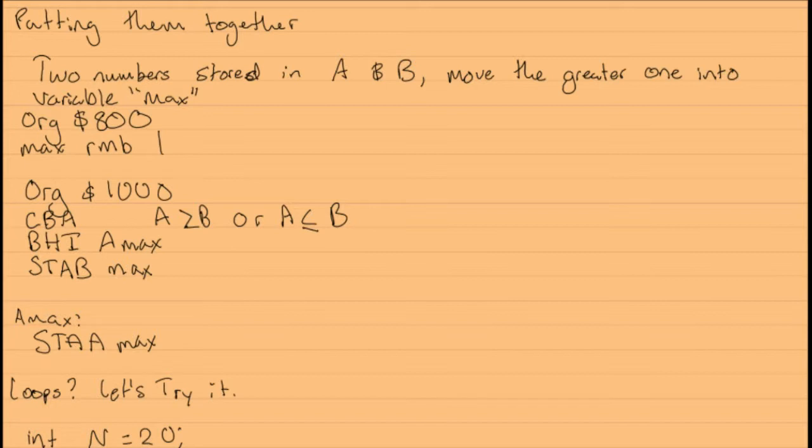And then the way I'm going to end my program here is by branching to quit. Let's pretend that after A max we have a label called quit, and all it does is end the program.